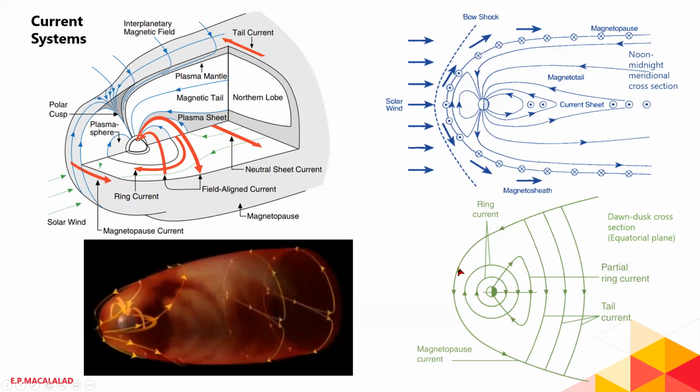Of course, I can talk about all these current systems, but that will not be our focus today. I would like to focus on the two main current systems that are important to us, because they are near the Earth: the ring current and the magnetopause current.